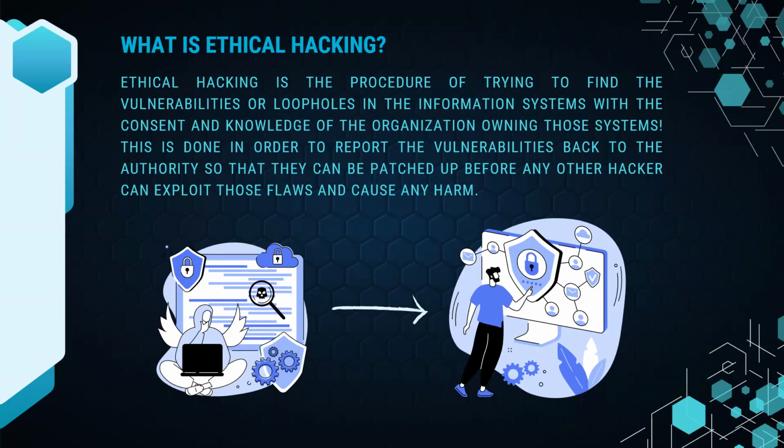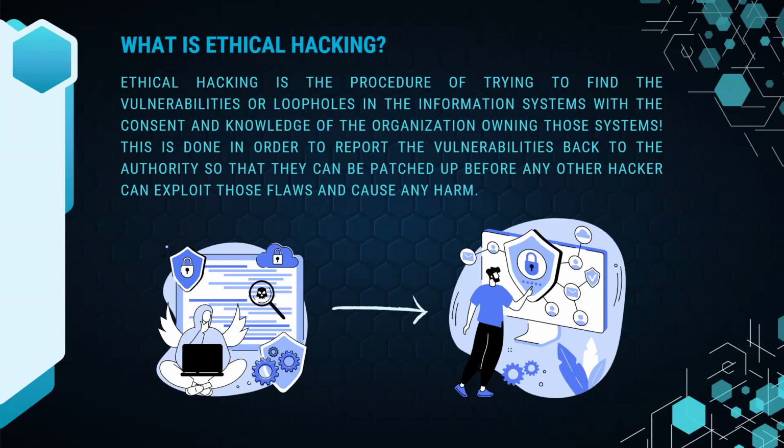So your job in ethical hacking is to find these loopholes or flaws in the information systems with the permission and with the knowledge of the organization. So you're not doing anything illegally here. You're working with the organization hand in hand, and you're finding the vulnerabilities and you're reporting it back, so that you can prevent any further cyber threats, because these are the same vulnerabilities that hackers use, or again, I would say exploit, to take advantage of it and get access to your devices.